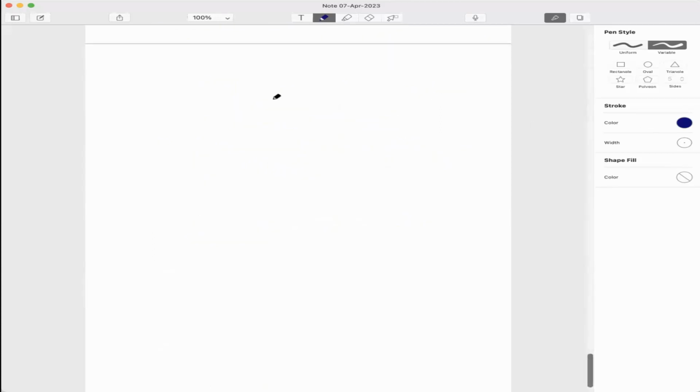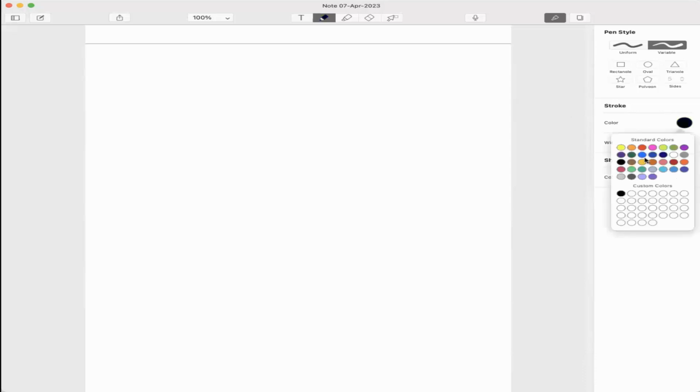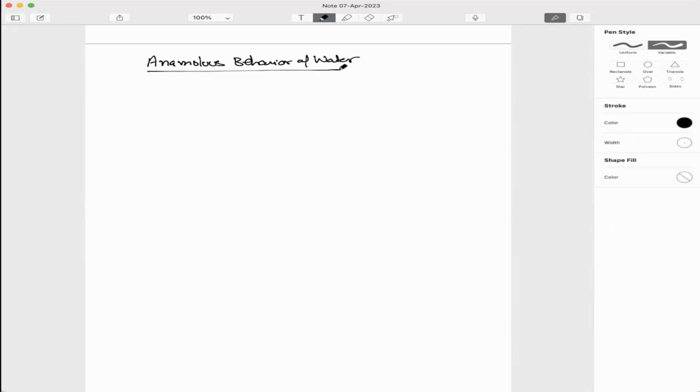Okay. So there is one thing that is given in NCERT that we need to discuss, the anomalous behavior of water. So far we have learned that as we increase the temperature of any material, the volume increases. But what will happen in the case of water? Let's see the graph. This is the volume and this is temperature.